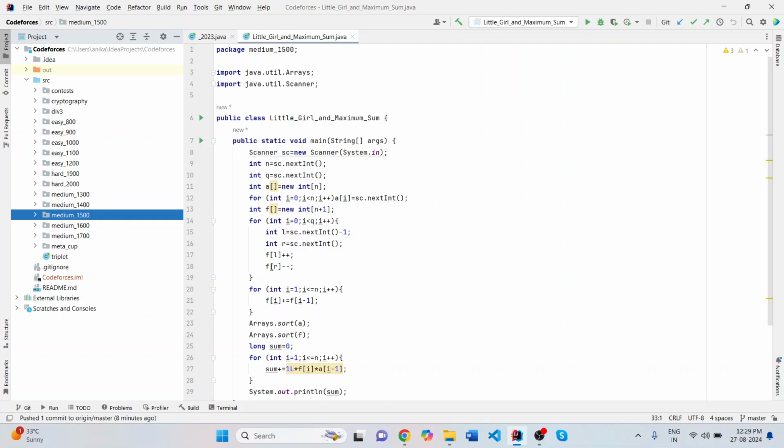And one thing more to note is that at last, we would be having one extra element in our frequency array. If R is the last element, that would be having one extra 0, because the plus and minus would be balanced.